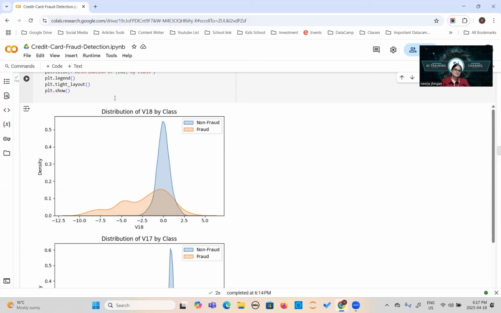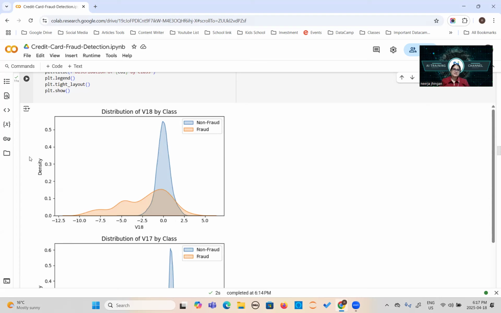Okay. On the x-axis, this is showing the values of V18, and on the y-axis the density, the distribution of the data of the non-fraud cases or fraud cases. If you look at this, the non-fraud cases distribution is above 50% between this range of the value of your V18.